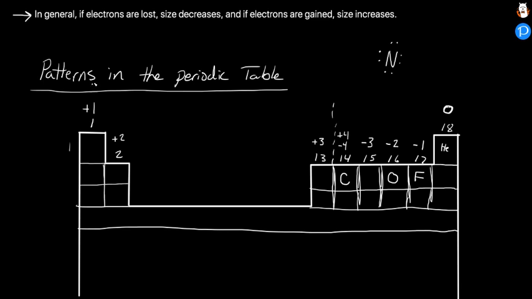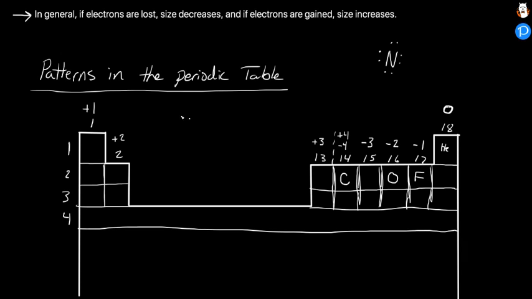Now, let's talk about size. Last thing. When we're thinking about the sizes of ions, as we move across a period first. So let's say period 1 moving across this way.